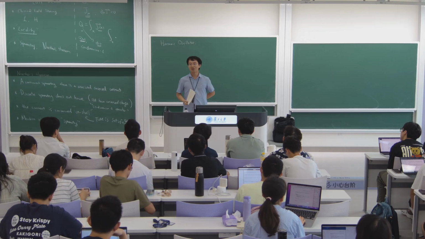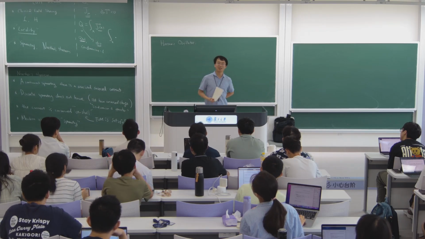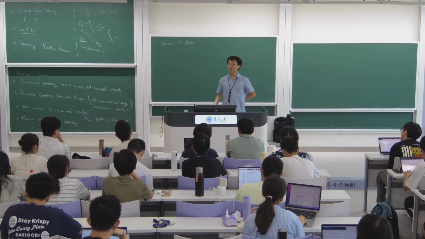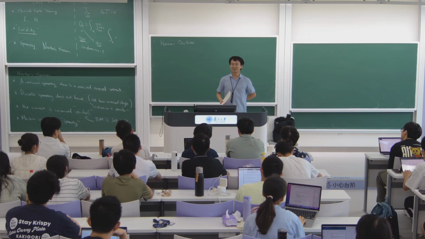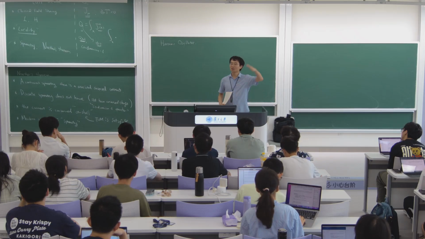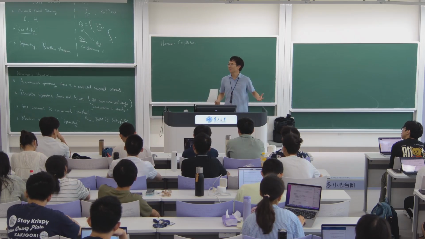Those operators are basically the creation and annihilation operators. And then we use these operators acting on the vacuum, which is defined by the A operators. Then we can build up all the states in the Hilbert space. Then we're done. Okay, very easy, right?